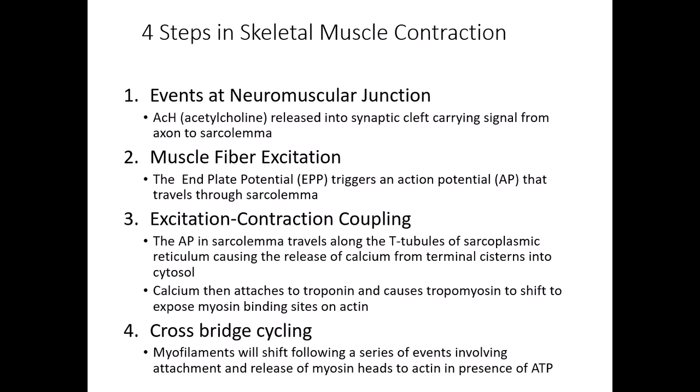So we'll look at all of these steps. We're going to start with the neuromuscular junction. And after we complete this step, there'll be a little check-in quiz, there'll be a little video, and that'll end this part of the lecture. And then you can take a break and we'll go to muscle fiber excitation in the next lecture.